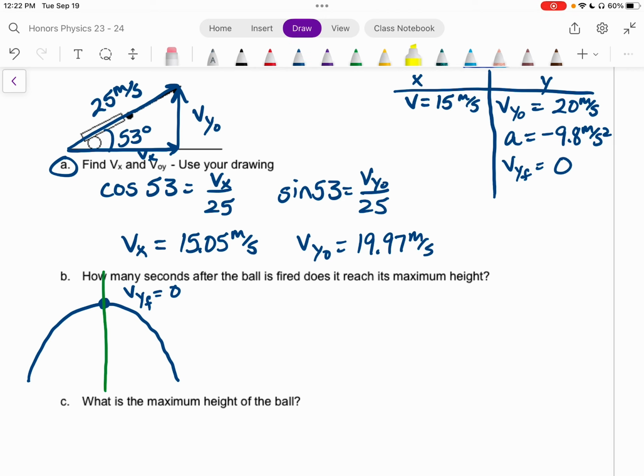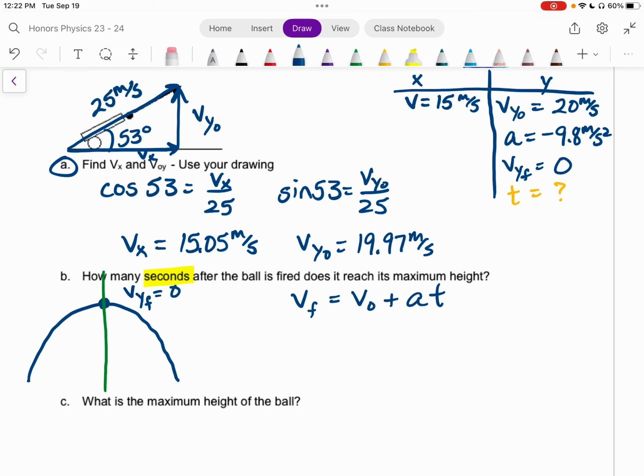This first question, letter B, how many seconds after the ball is fired does it reach its maximum height? For that problem, I'm actually looking for time. So just like we did previously with our acceleration equations, I find the right equation. It's something like final velocity is equal to original velocity plus acceleration times time.